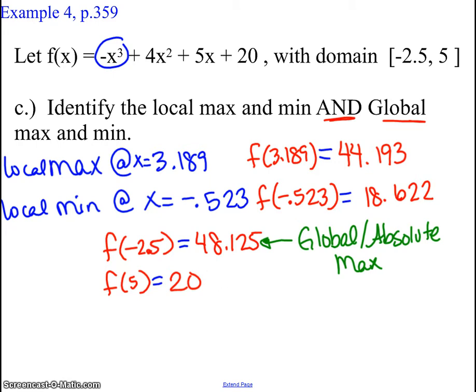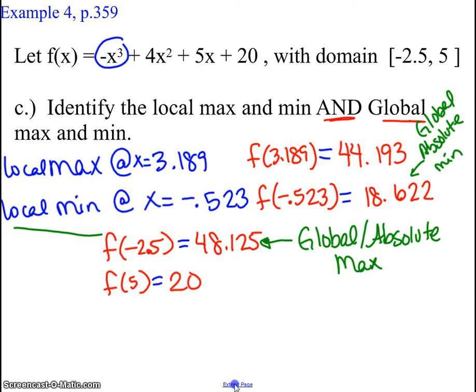And so the absolute minimum would be this guy. The absolute minimum would be the negative 0.523. This is the absolute or global minimum. Now notice that it is also the local minimum, and that could happen. You could have the same exact value be both the local and the absolute.